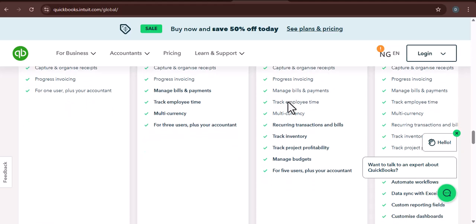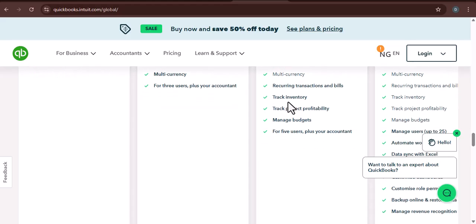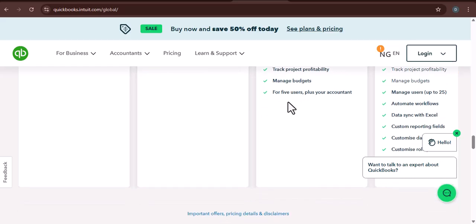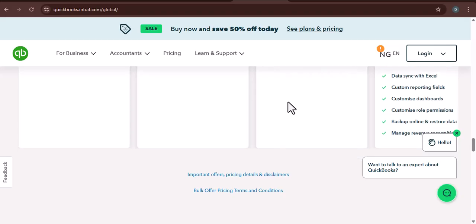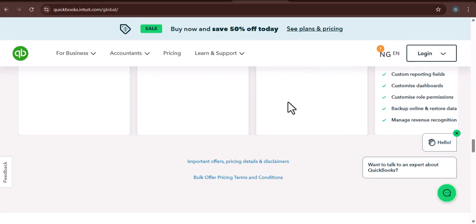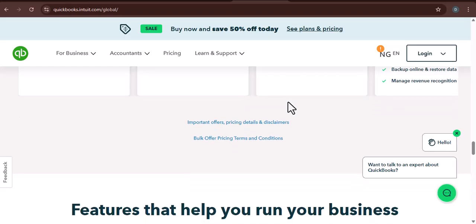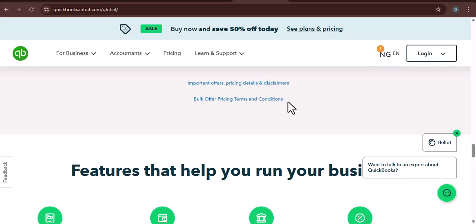Payroll. If you're using QuickBooks Online Payroll, your accountant can see payroll information, including employee wages, taxes, and deductions. Sales tax. If you're collecting and paying sales tax, your accountant can see your sales tax reports and filings. Inventory. If you're managing inventory in QuickBooks Online, your accountant can see your inventory levels and transactions.